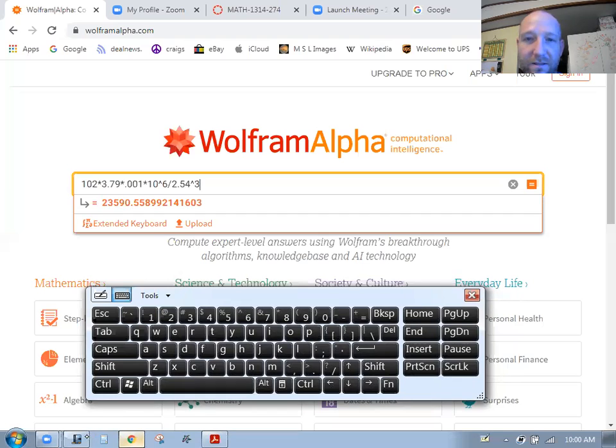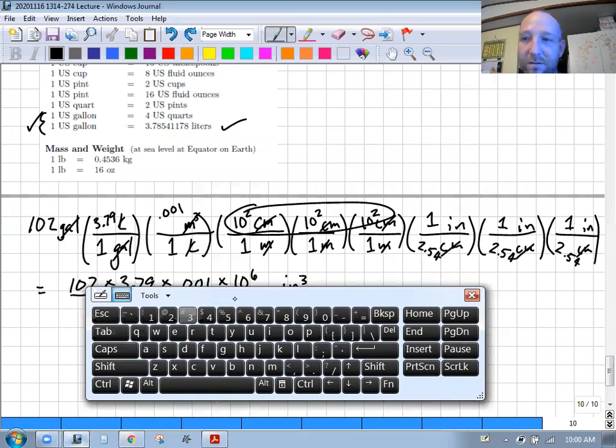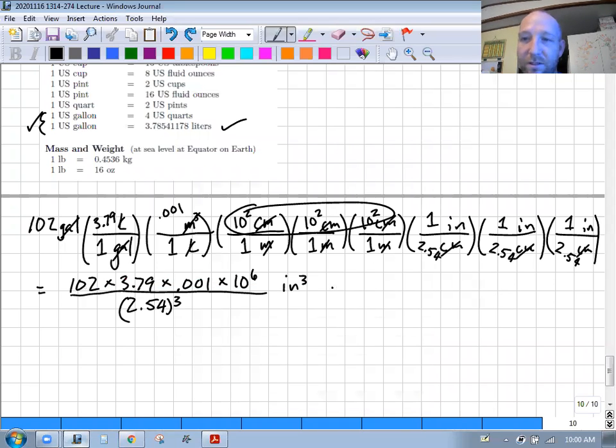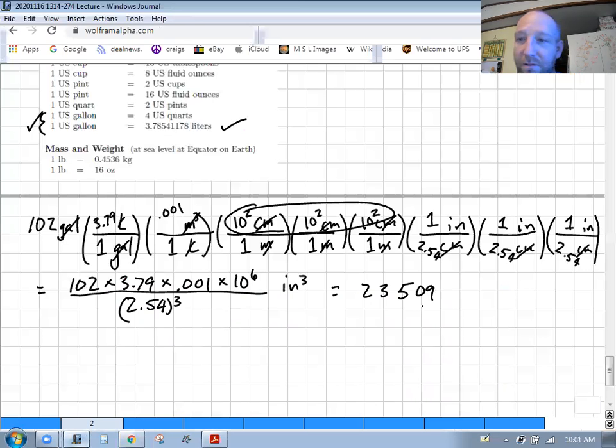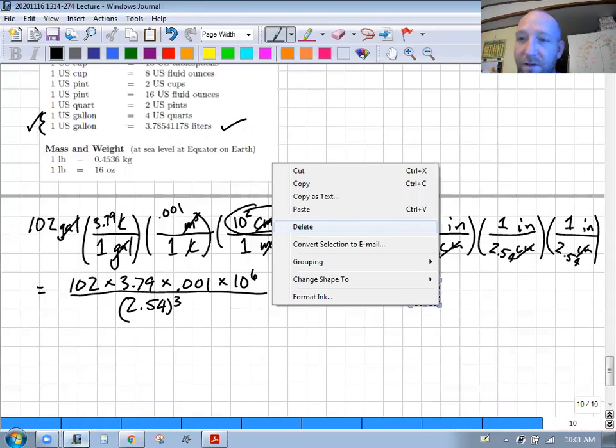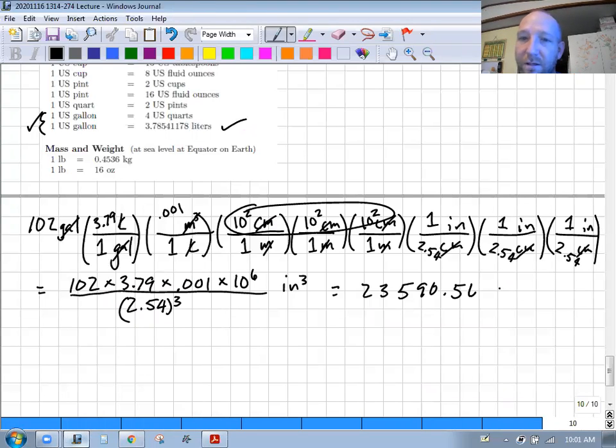Does that make sense? Inches cubed. That sounds reasonable.